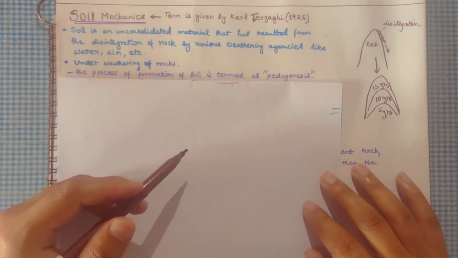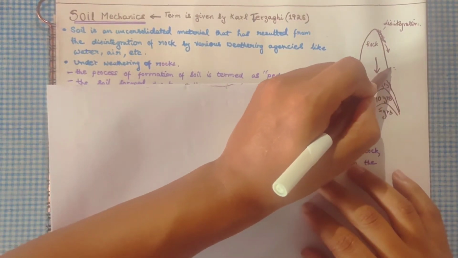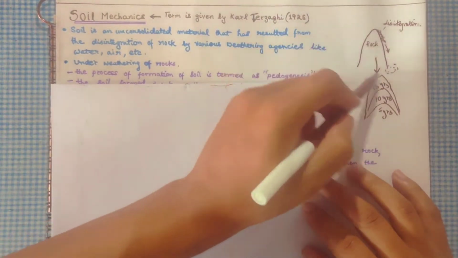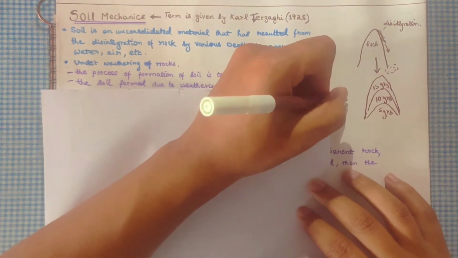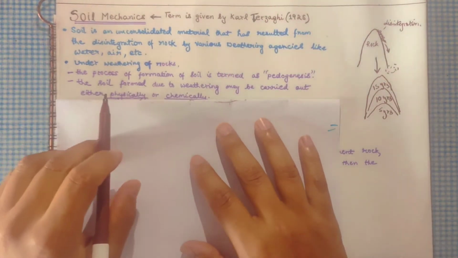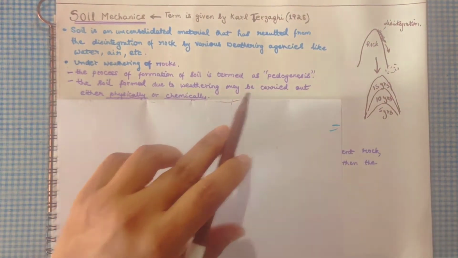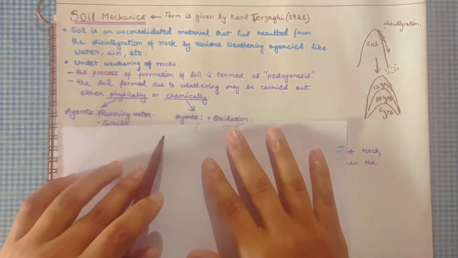If it stays over here, within the proximity of this parent rock, then it is called a residual soil.